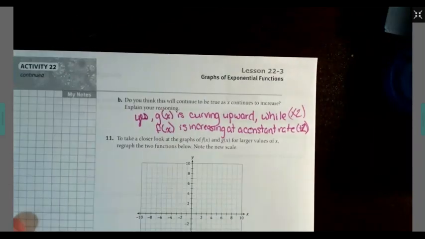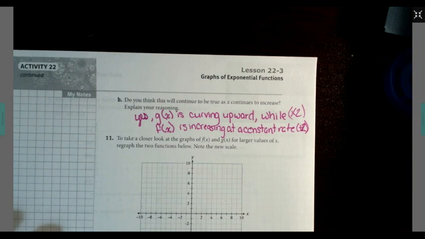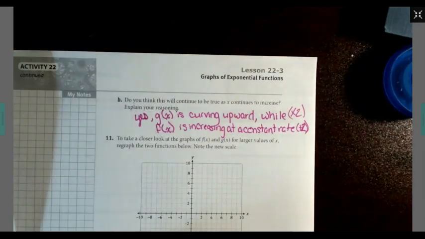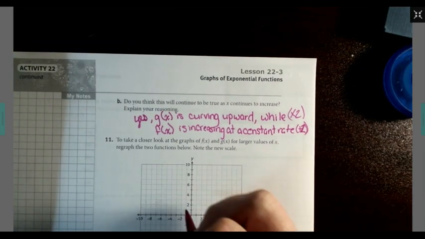To take a closer look at the graphs for larger values, regraph the 2 functions and note the new scale. Okay. So let's take a look.